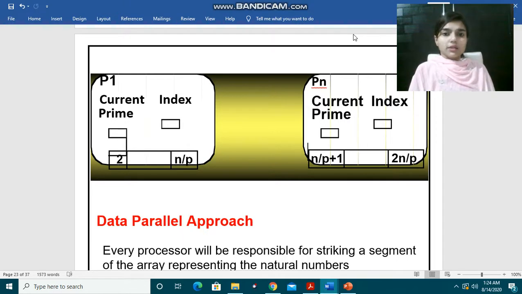So now in today's lecture we will see what the data parallel approach is and how the sieve of Eratosthenes can be computed using a data parallel approach.